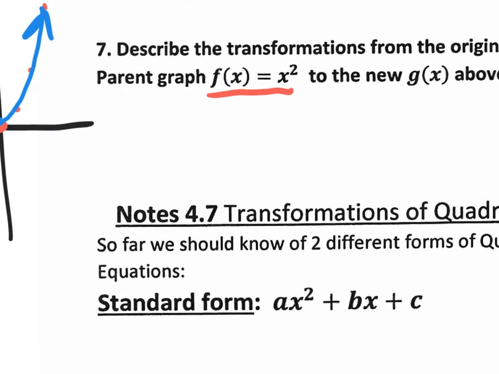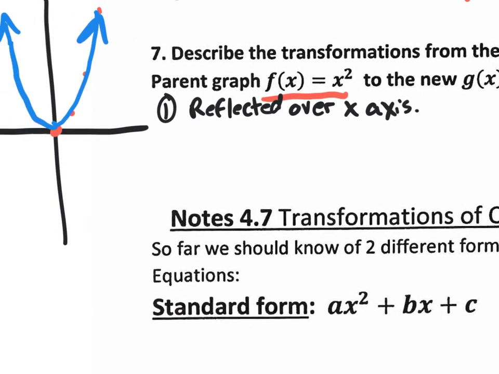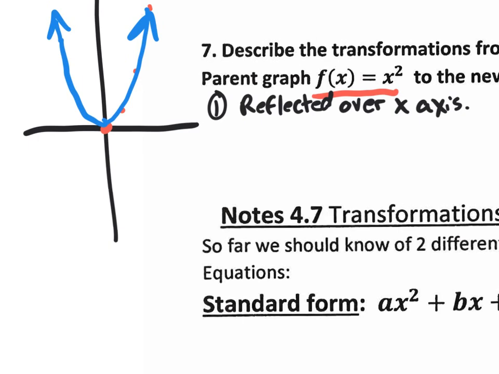So let's write that down. The first transformation, it gets reflected over the x-axis. That means that it flips, that it opens down, right? I mean, you would probably say that it opens down because it's negative, but let me actually demonstrate that. Opening down, we'd end up with the same parabola, but just opening down. So that's the reflection part.